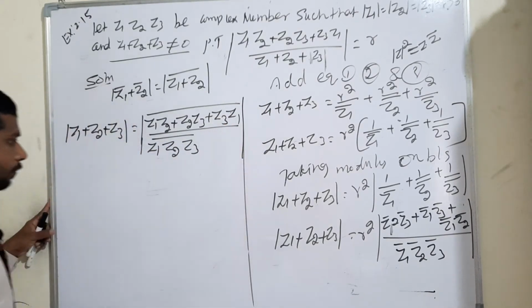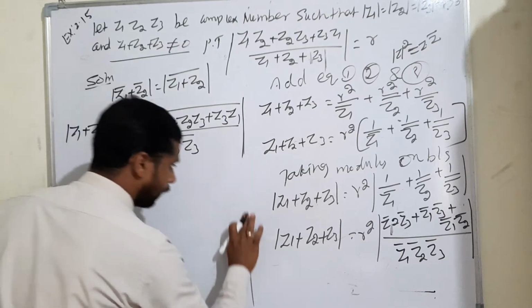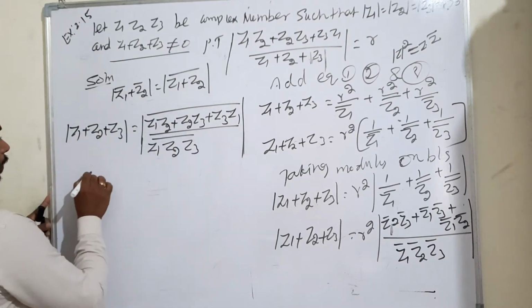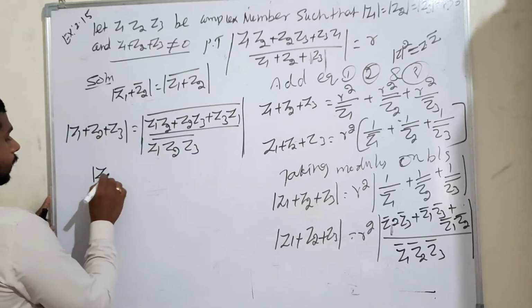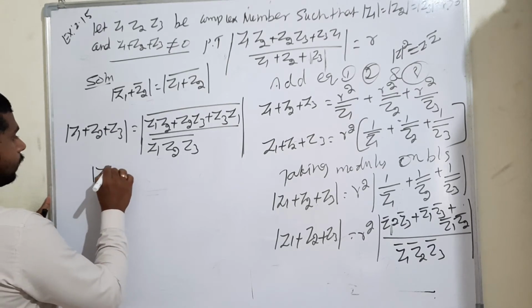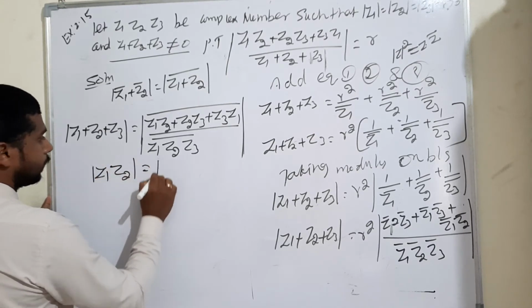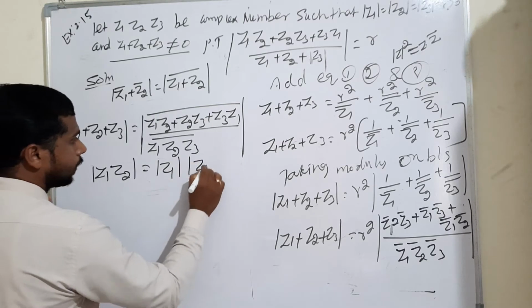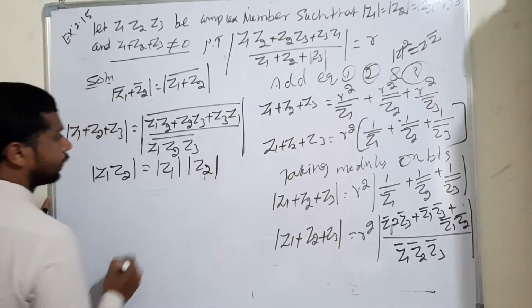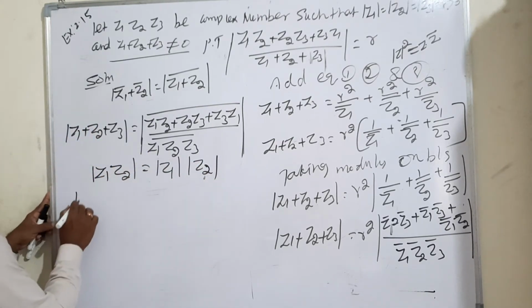Then another property we are applying. What is the property? Modulus of Z1 Z2 means we can make separate moduli, no? Modulus of Z1, then modulus of Z2. We can apply this to the denominator part.